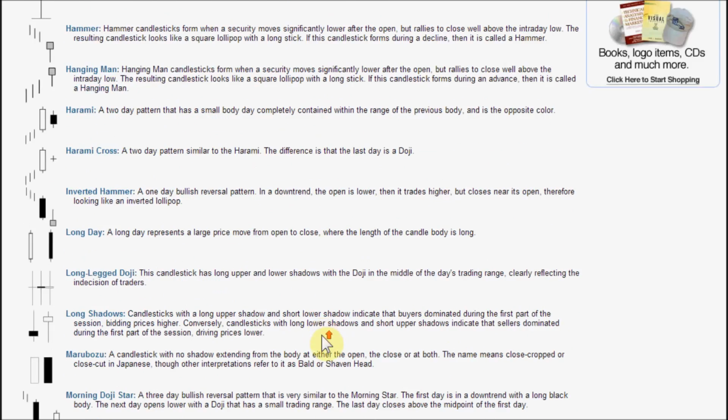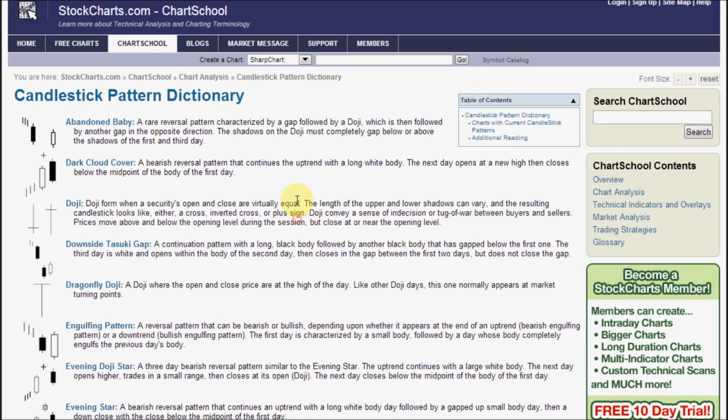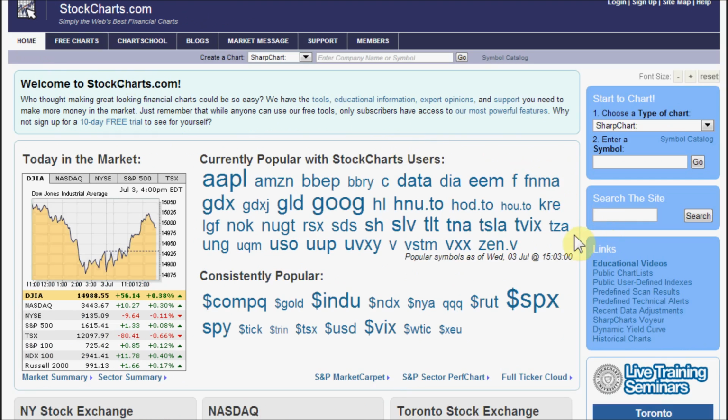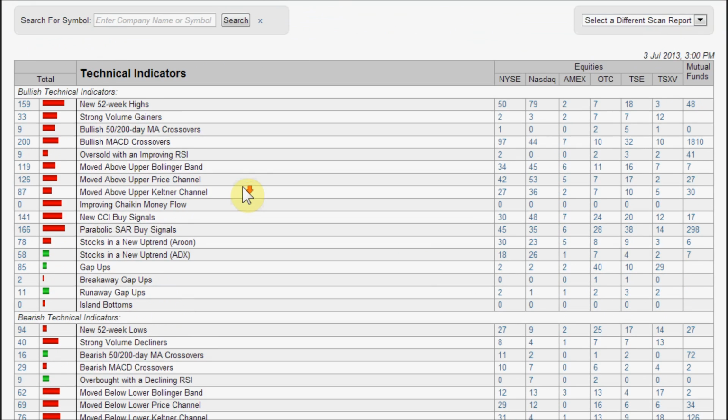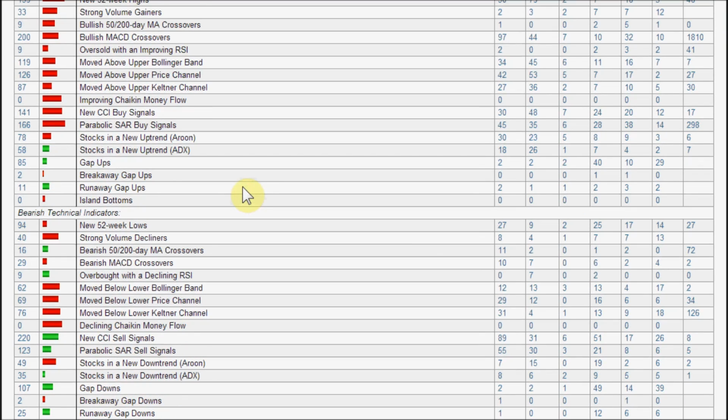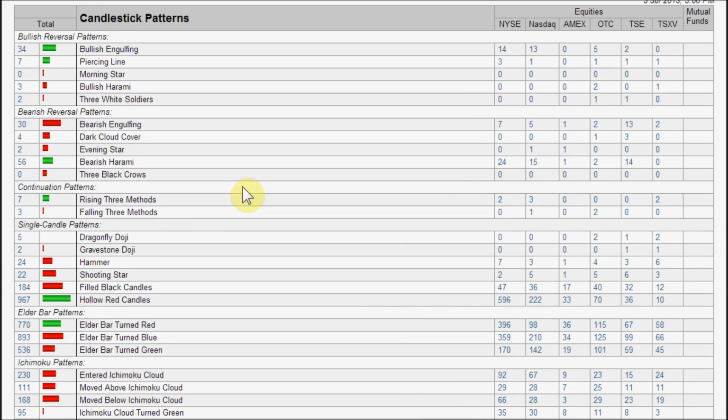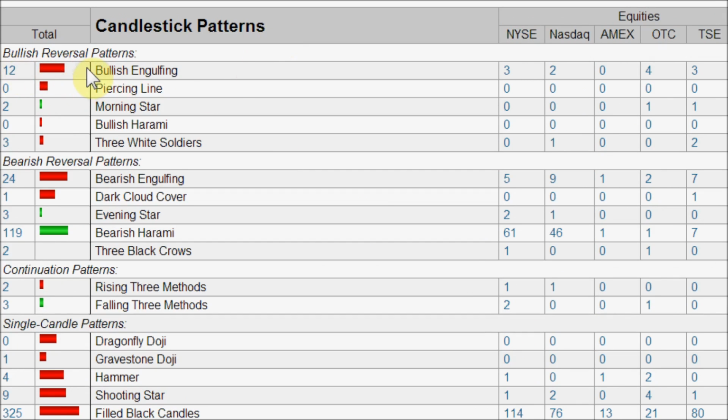And if you remember from one of the previous lessons on candlesticks, if you go to the homepage of StockCharts.com and over here in the links box on the right, you click on predefined scan results, they have a whole section under technical indicators that are giving bullish or bearish signals right now. They have a whole section devoted to candlestick patterns: bullish reversal patterns, bearish reversal patterns, continuation patterns, and single candlestick patterns.